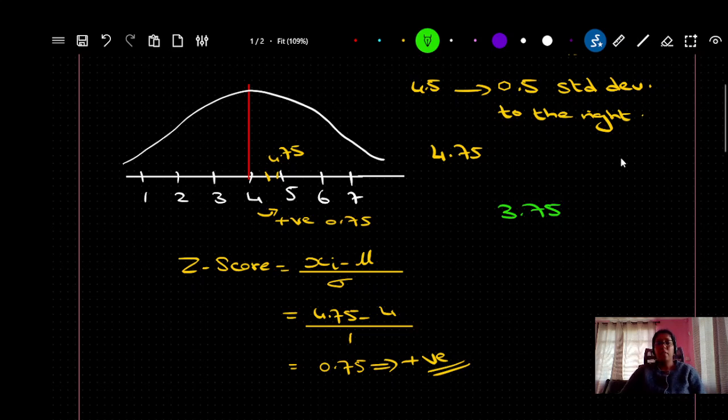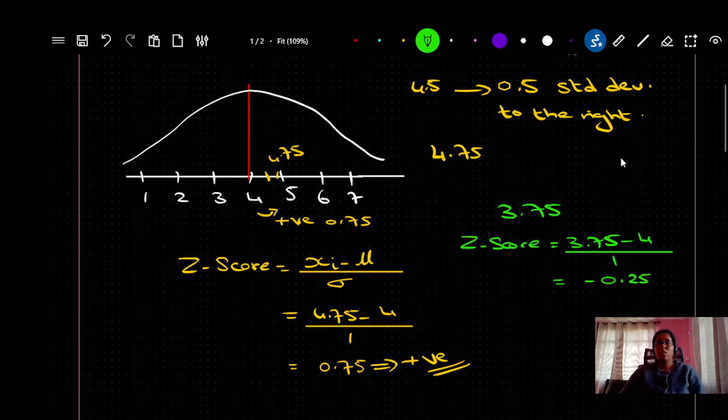So let's calculate the z-score. It will be 3.75, which is the x of i, minus mu, which is 4, divided by the standard deviation, which gives you minus 0.25.